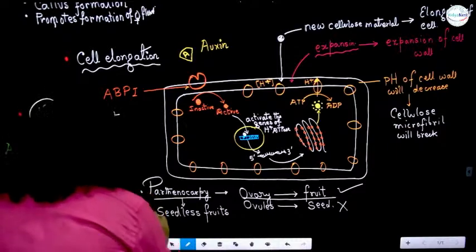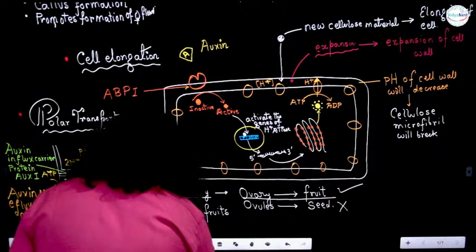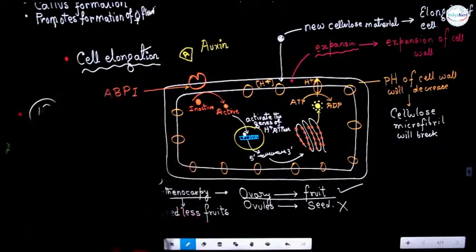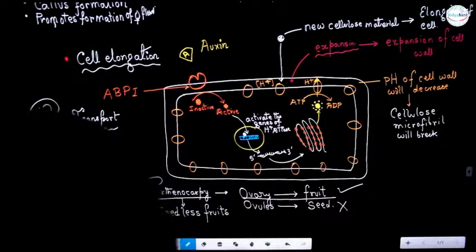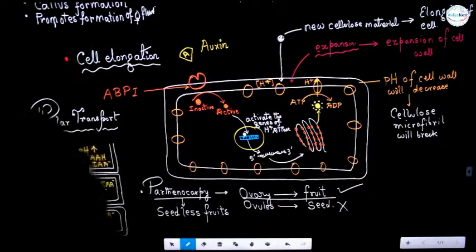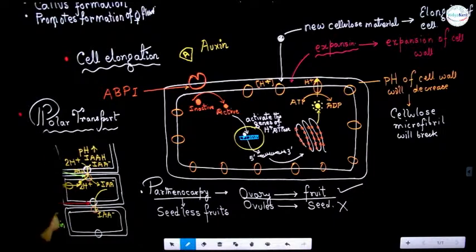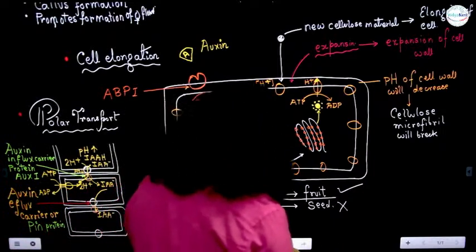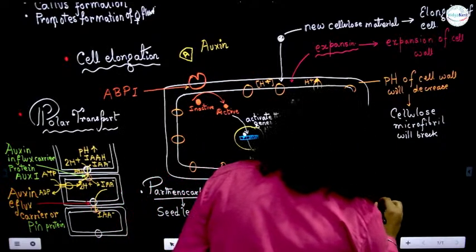This is one way, that is, parthenocarpy is one process in which the ovary is getting converted into fruit and there is no formation of seed. This type of fruit can be available throughout the season by application of indole acetic acid.